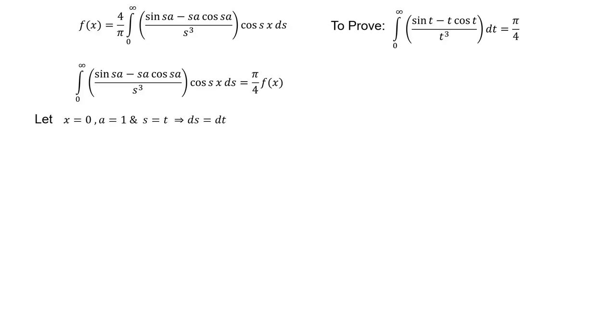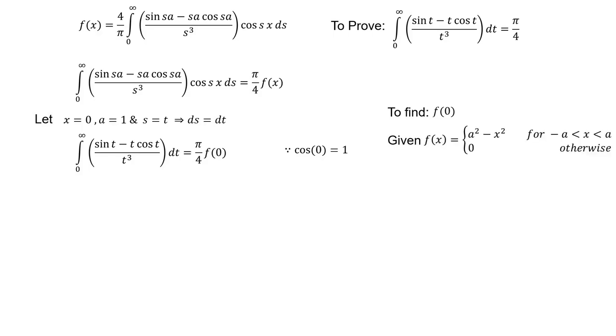When we take s equal to t, ds becomes dt. Substituting this value in the above expression, we get integral over 0 to infinity (sin t minus t cos t) by t cube, and cos 0 value is 1, so 1 into dt equal to pi by 4 into f of 0. Now we want to find our f of 0 value. The given f of x is a square minus x square for minus a less than x less than a.